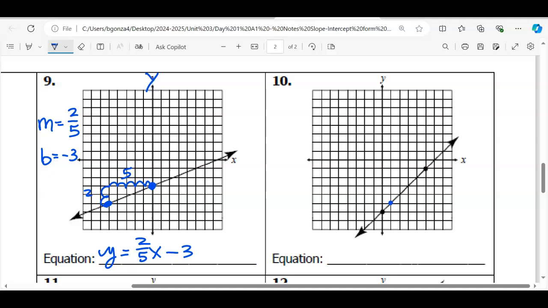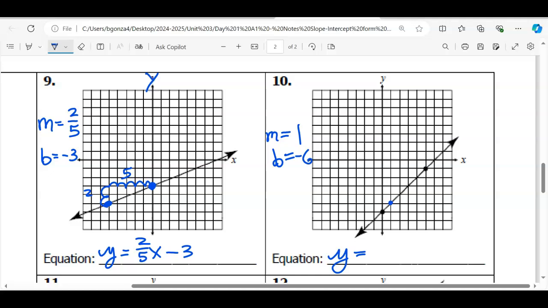If you use the points they gave you, you have 5 over 5, okay? Whether you do 5 over 5 or 1 over 1, it reduces to 1, okay? So again, a slope of 1 is up 1, right 1, up 1, right 1. And then my b, my y-intercept is 1, 2, 3, 4, 5, 6 below. That's negative 6. So here's my equation.